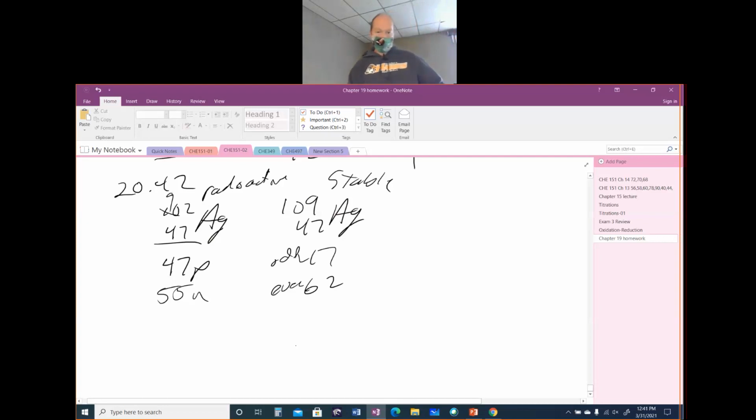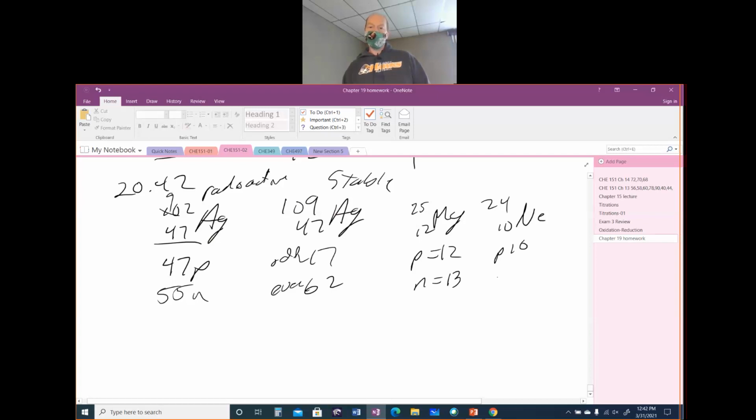Mg-25, atomic number 12, versus Ne-24, atomic number 10. Here we have protons 12, neutrons 13. Here we have protons 10, neutrons 14.